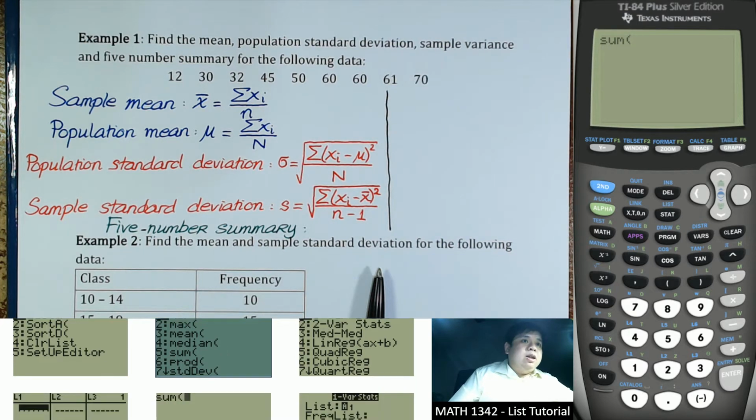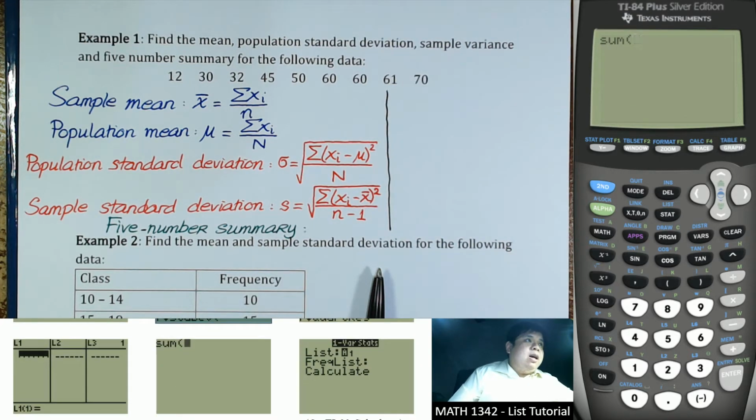You see this. I just need to sum everything on the list. I enter everything in list 1. So sum, once again, second stat, go to math, option number 5, enter, and then sum everything in list 1 and divide by 9.